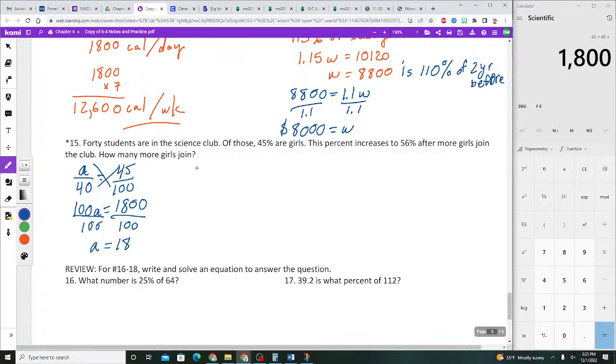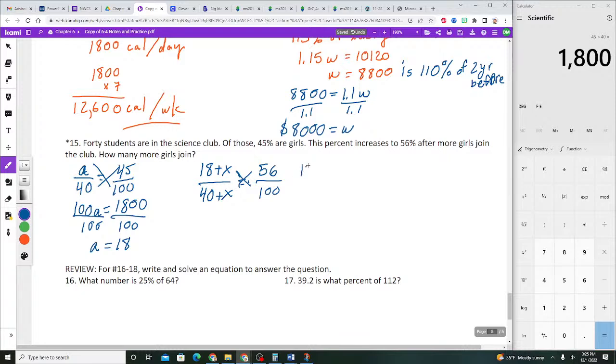So now what we're going to do is add some number of girls, and we're going to add some number of girls to the total too. And when we do that, we have 56%. So now we're going to cross multiply.